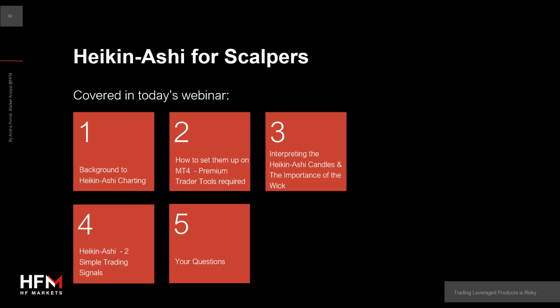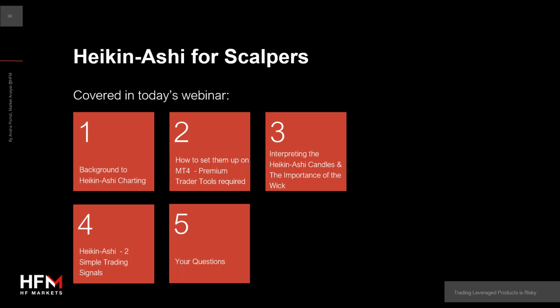Also, how you can read them, because this is the most important part of it, right? To be able to interpret it in order to take a trading decision. And how important it is to monitor the body and the wick of the Heikin Ashi candle.